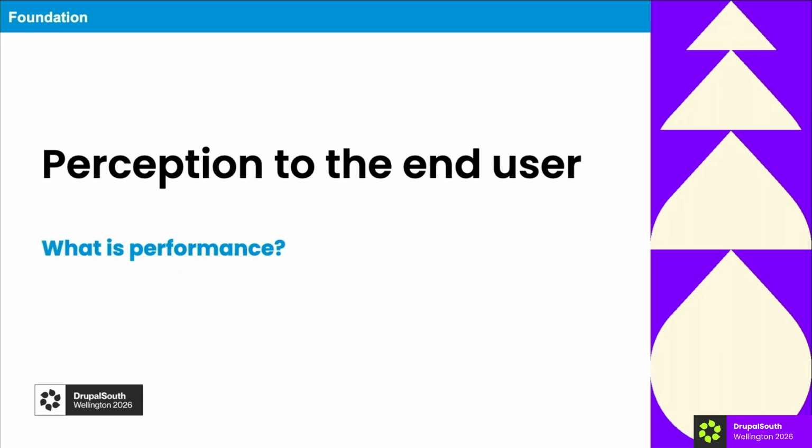The other one that we don't think of as much is the perception to the end user. A site can be beautifully designed, look amazing, have all the features, but if you press a button and get a spinner, and it just keeps spinning and spinning, then that's a really bad experience, right?